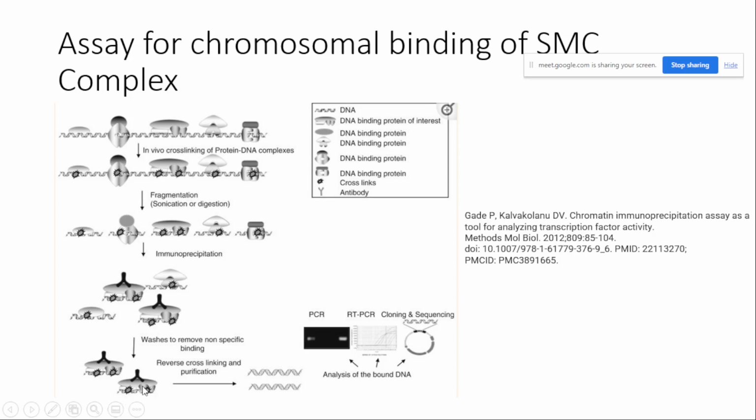So after de-cross-linking, when we give heat to break this covalent bond, we treat this with proteinase K, which will denature the protein and the antibody also. After that we do the phase separation using PCI.